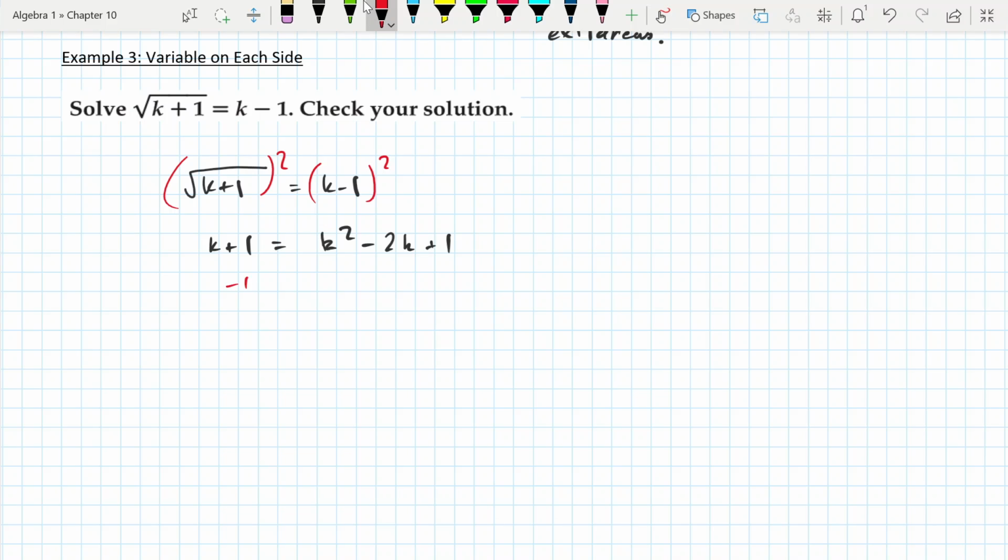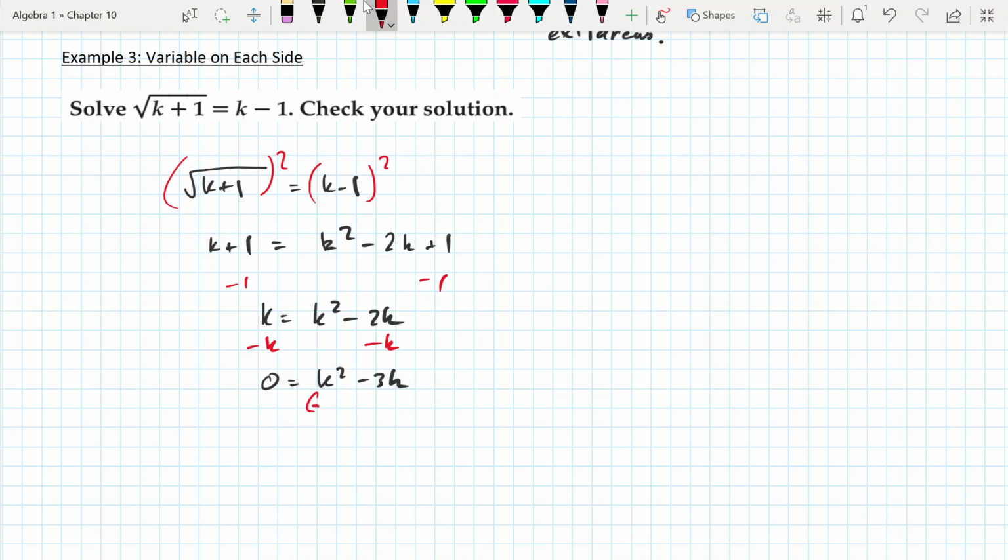Let's go ahead and subtract 1 from both sides. So we get k equals k squared minus 2k. All right. And we'll subtract k from both sides because it's just a number and we can do that. We have 0 equals k squared minus 3k. Now I've got a quadratic, but I can do a greatest common factor here.